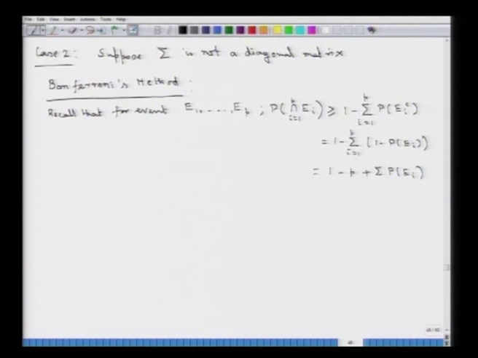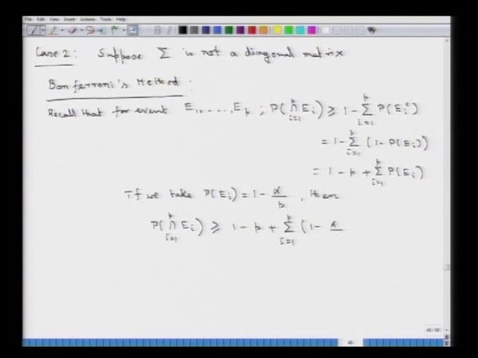Now, if we take this probability of Ei to be equal to 1 minus alpha by p, then what happens in the above inequality is the following. Then probability of intersection of these Ei terms, i equal to 1 up to p, is greater than or equal to 1 minus p plus summation i equal to 1 up to p of 1 minus alpha by p.